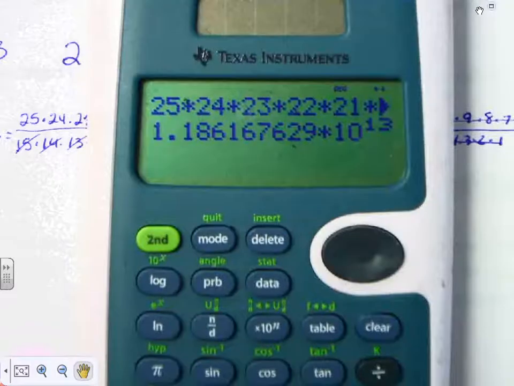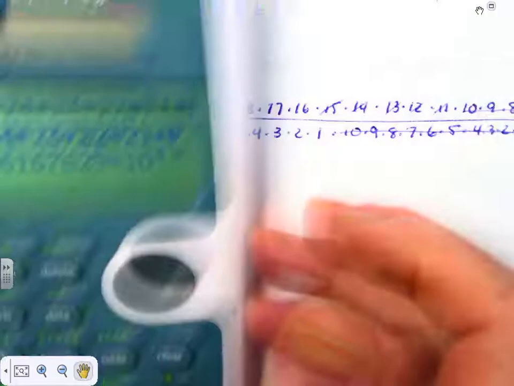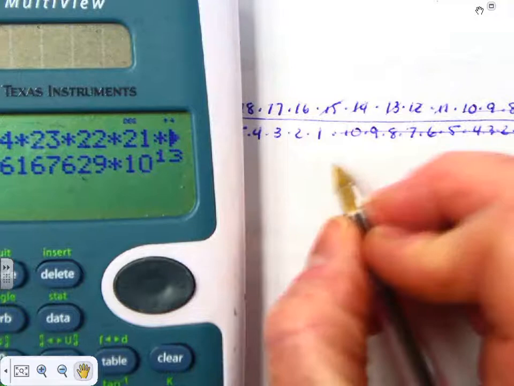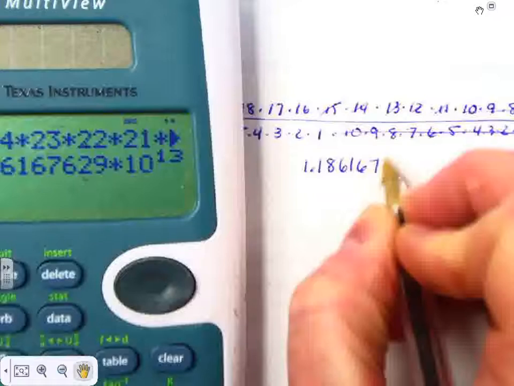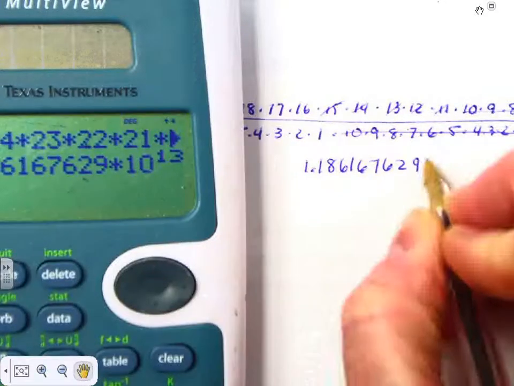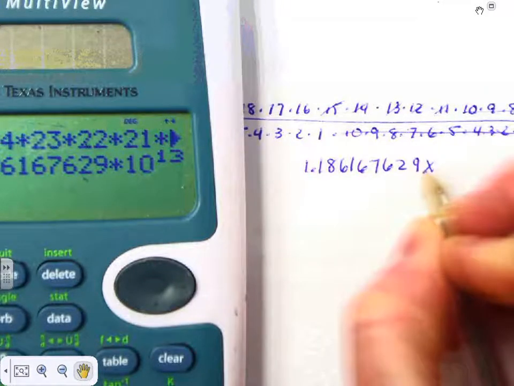Okay, so that's my numerator. 1.186167629 times 10 to the 13th power.